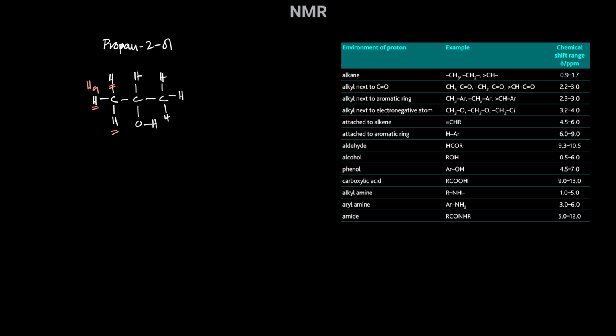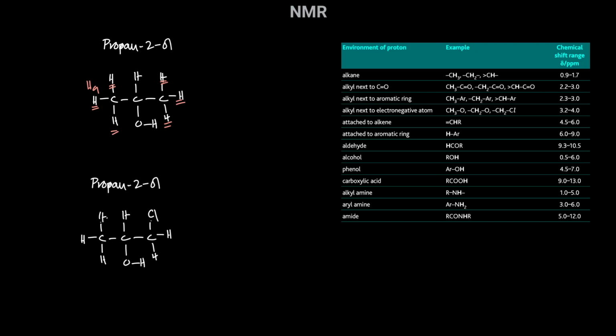So we can say that these 3 protons are the exact same as these 3. One way to figure that out is by looking at the structure of propan-2-ol and saying that, if I change this hydrogen to a chlorine, I get 1-chloropropan-2-ol, and similarly, if I change this hydrogen to a chlorine, I get the exact same result.